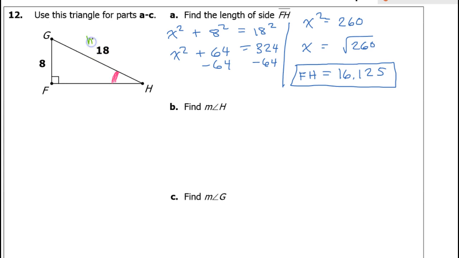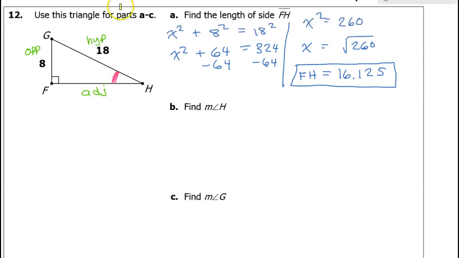So this is clearly the hypotenuse across from the 90-degree angle. Since we are finding angle H, that makes the 8 the opposite leg. And this would be the adjacent leg right here because it's right next to H.